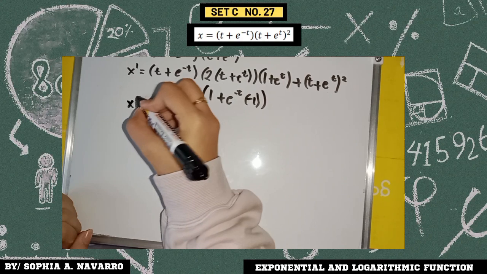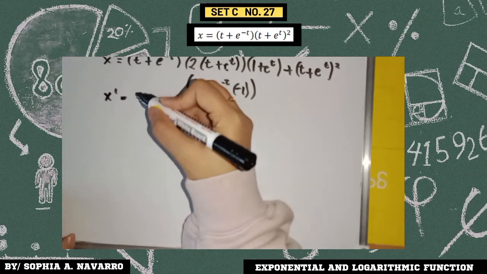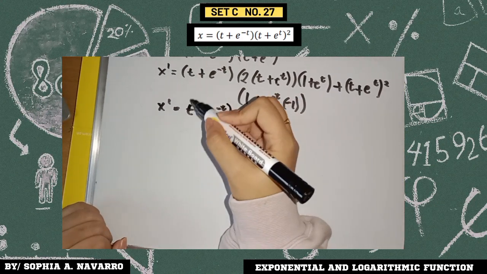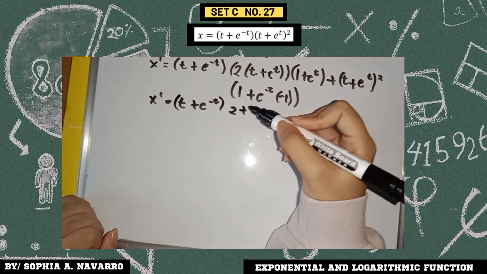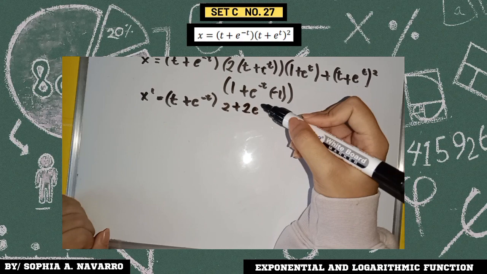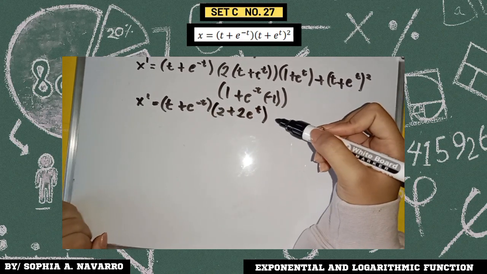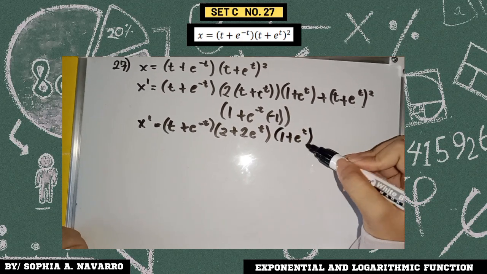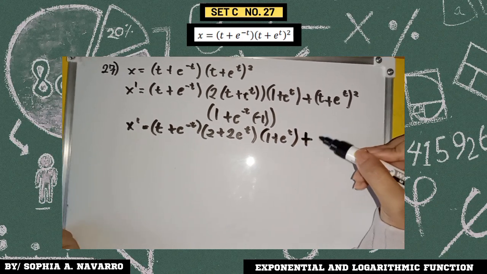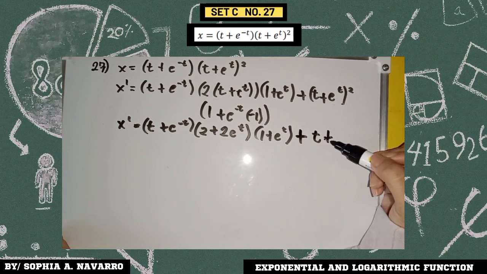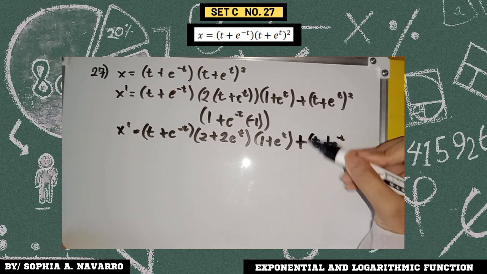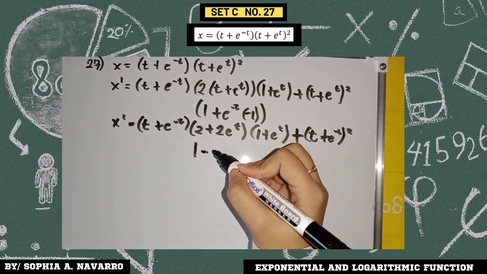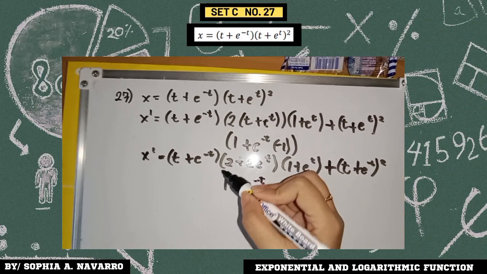And the final answer is t plus e to the power of negative t times 2 plus 2e to the power of positive t times 1 plus e to the power of positive t, plus t plus e to the power of positive t squared times 1 minus e to the power of negative t.